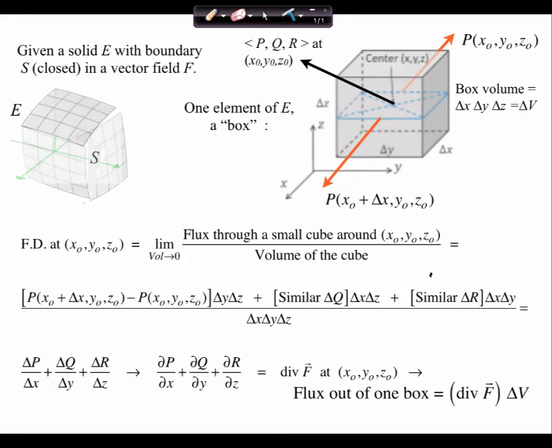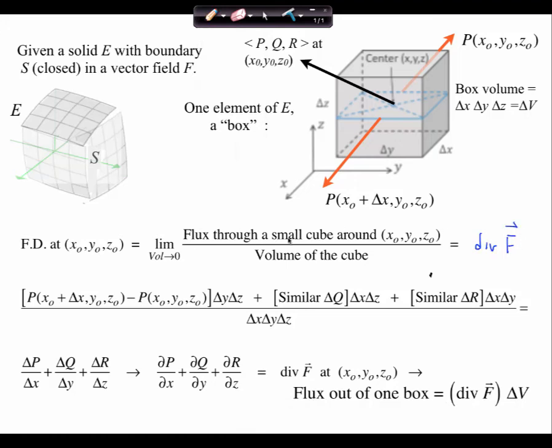Okay, so this is proving the flux density is the same as divergence. Okay, so then, given that the flux density is flux over volume, and flux density is also divergence, we can change that around. So this is divergence, and solve for the flux.